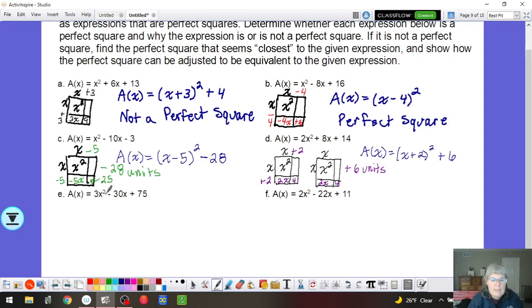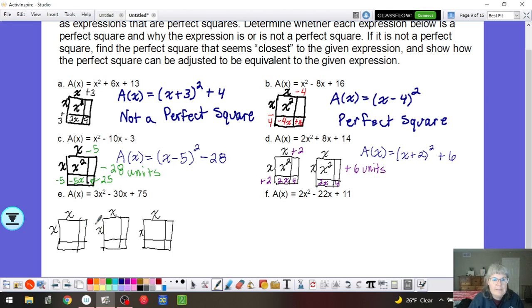Example E has 3x squared, so that will be 3 blocks, each with an x squared. And we have negative 30 to divide among the 3 blocks. So 30 divided by 3 leaves me 10 for each block.